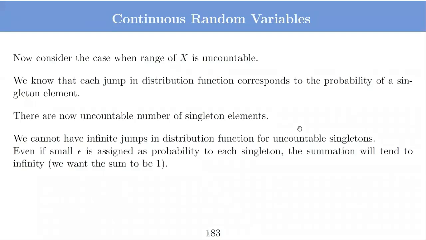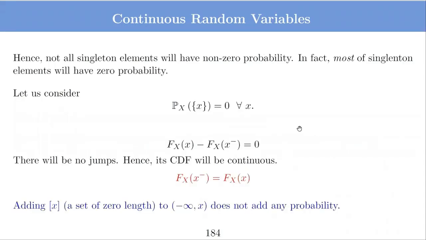If you have a jump for each of these singleton elements, then there will be an uncountable number of jumps. And even if you assign a small epsilon to each singleton, the summation will be infinity. But the summation can only be 1, because if you add all the jumps, it should be the total probability of the sample space, which is 1. So it is not possible to assign non-zero jumps to each of these singleton elements.